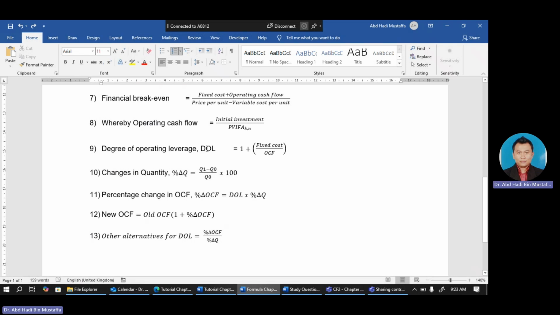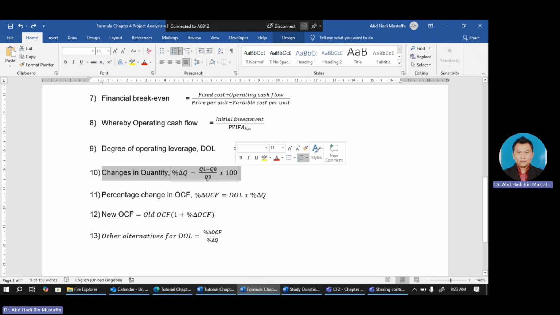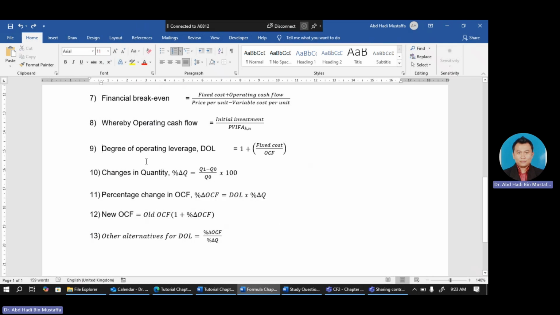Okay, understood? I will repeat once more. First step, calculate the old DOL, formula number 9. Second step, changes in quantity. Third step, percentage change in the OCF. Fourth step, new OCF. And finally go back to formula number 9 to find the new DOL.